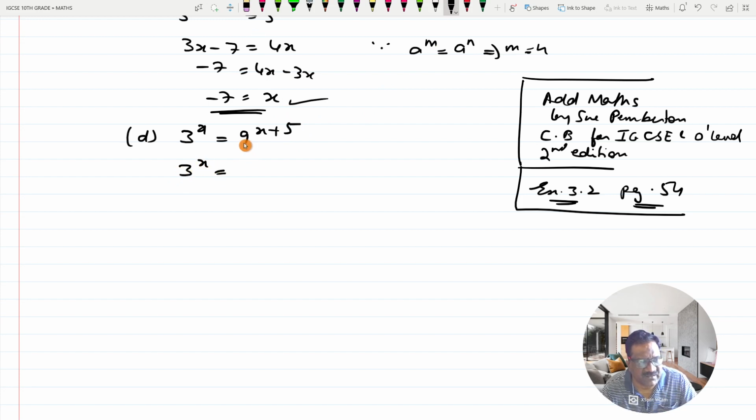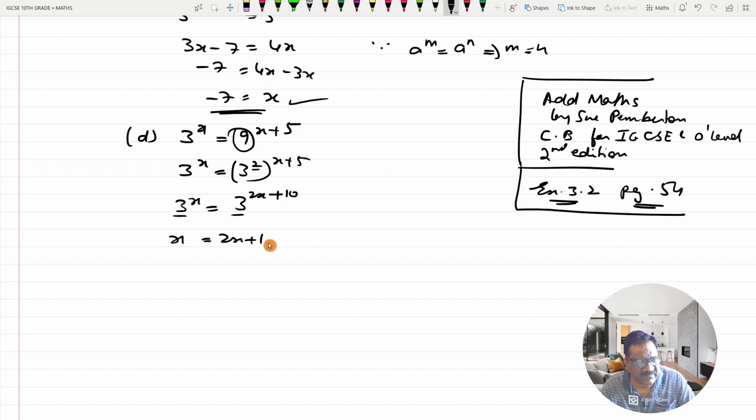3 raised to x equal to this 9 I'm going to write as 3 square and whole raised to x plus 5. Then 3 raised to x I'm keeping as it is, and here I'm going to multiply this 2 with x plus 5. So this will become 2x plus 10. Now I can see that the bases are equal, so I can write x is equal to 2x plus 10.